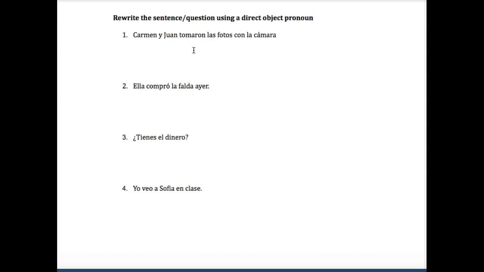My options are los and las. I'm going to use las because I can see here that it's feminine and plural. So when I put it together in my sentence, remember, it goes in front of the verb. There it is. Las tomaron con la cámara. Carmen and Juan took them with the camera.